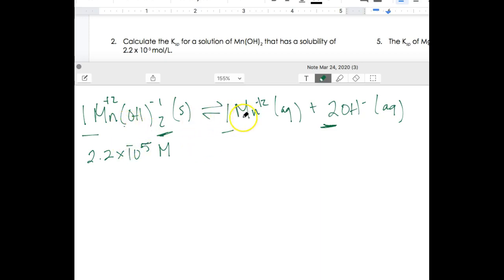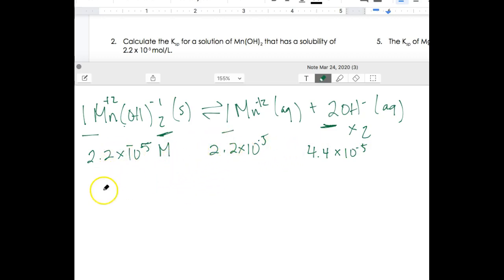And because this is a 1:1 ratio, we're going to have the same amount of manganese, but here it's going to be double, so you're going to multiply by 2, so it's going to be 4.4 times 10 to the negative 5.